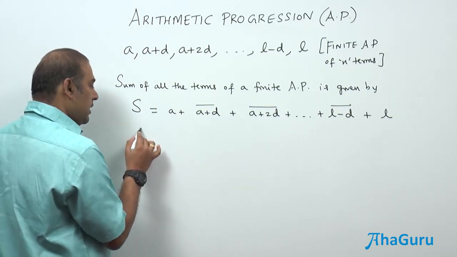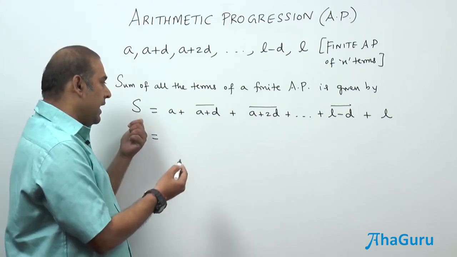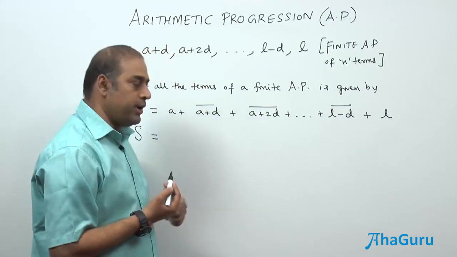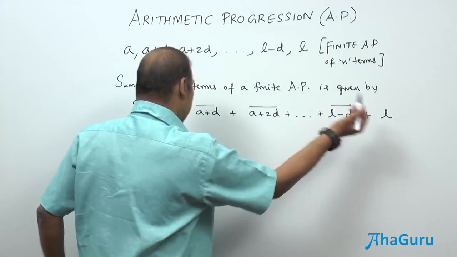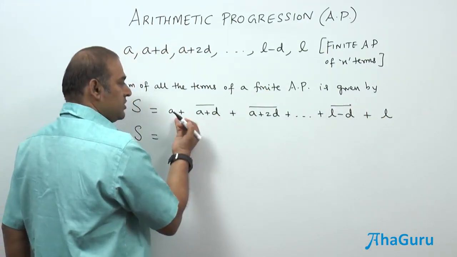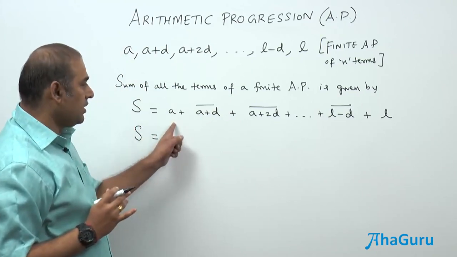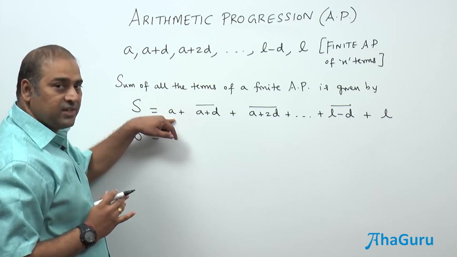Point is, I can rewrite S like this. In fact, I can write this addition of terms in any order; the sum is not going to change. So, what I am going to do is write the last term in the front and the first term in the last, just the reverse of the addition in the previous equation's right hand side.